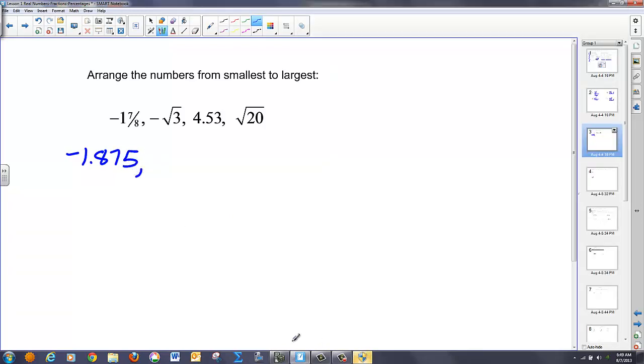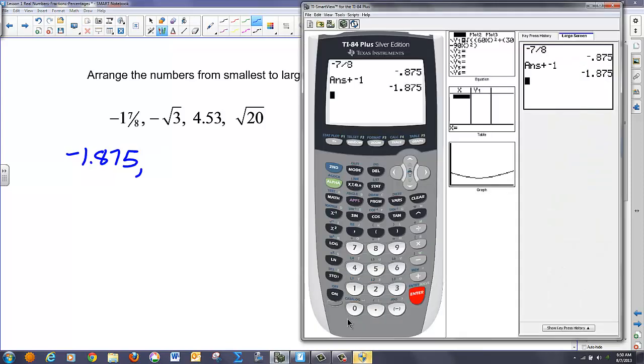Negative root 3, let's go back to the calculator, get a negative, and my root sign is right above the x squared, so I have to hit the second button, followed by the root, hit 3, enter, and that's negative 1.73.